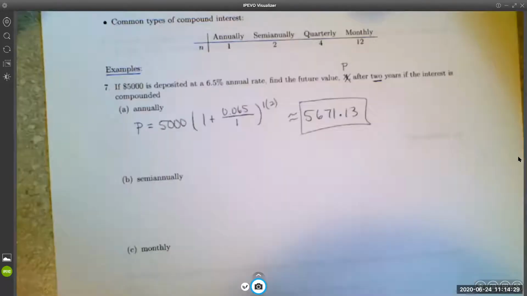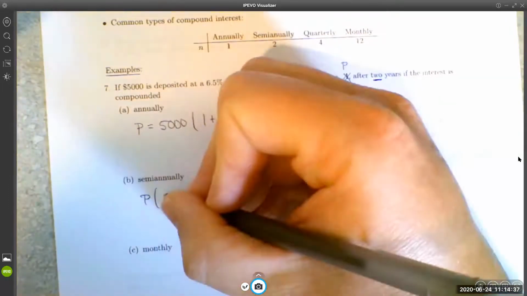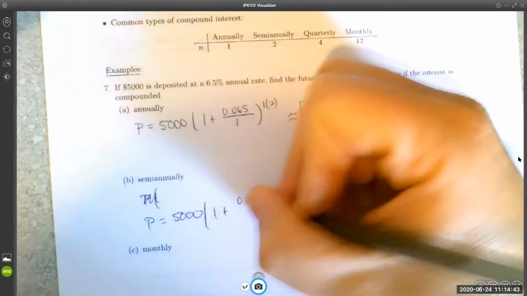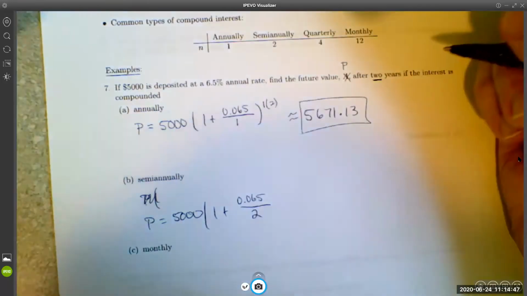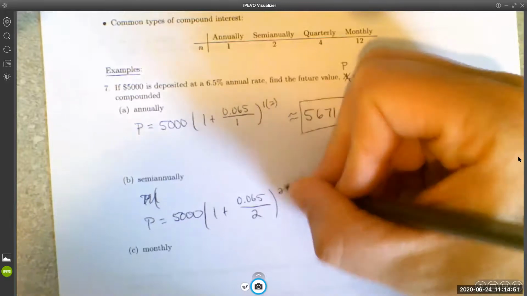6.5% is another really good interest rate. What if the interest is compounded semi-annually, so compounded twice per year? P is going to be the initial amount times 1 plus interest rate over the number of times it's compounded per year, in this case 2, to the power of 2 times 2.